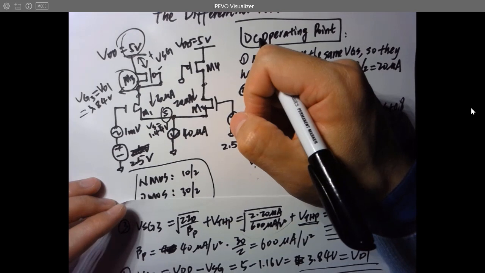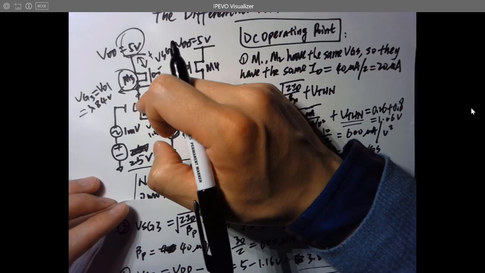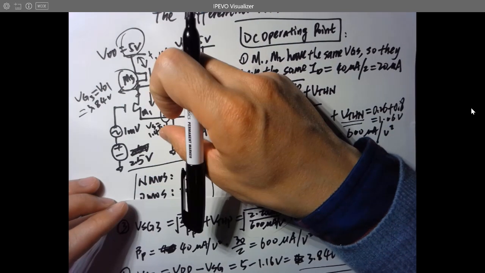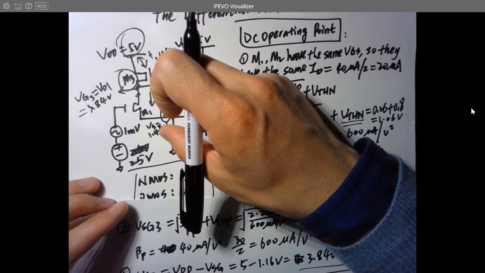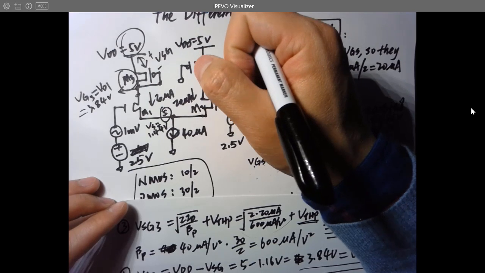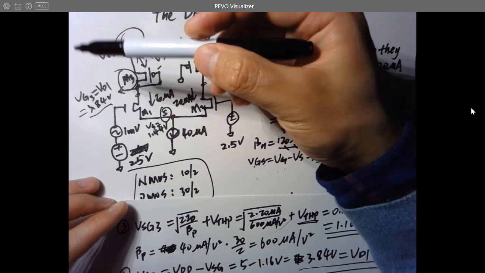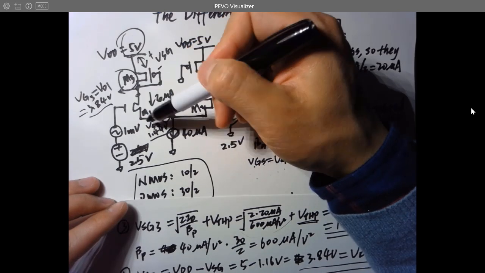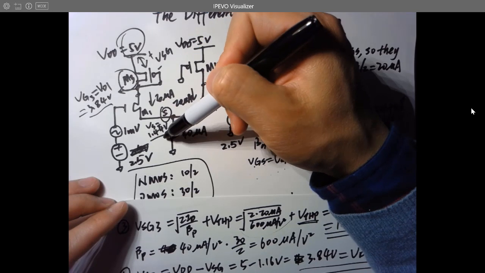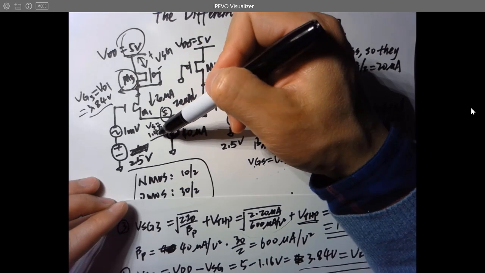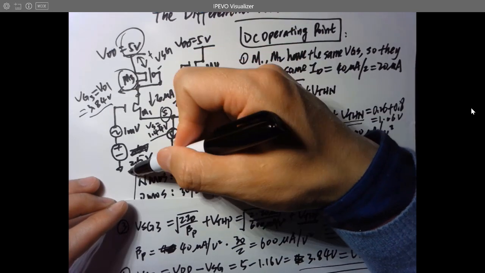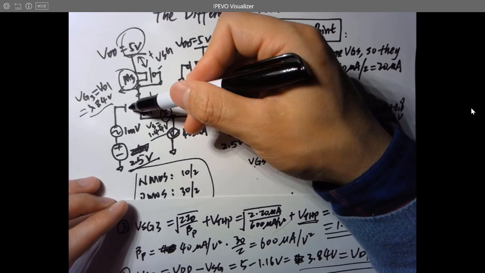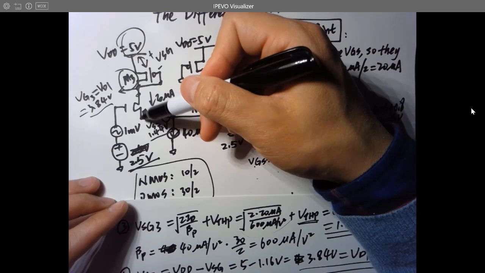When we are trying to find out which region this one is operating in, we have to find out the VDS and also VGS minus VTH, right? So VD equals this, VS is equal to this. So VDS is larger than 2.4 something volts, right? So it's 2.4 volts. And this minus VTHN will be 2.5 minus 0.8 volts.